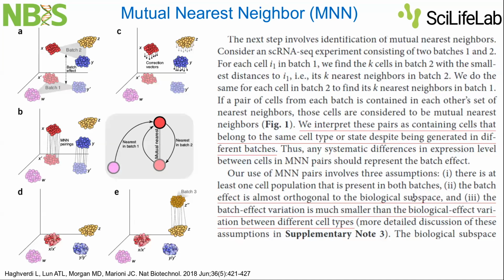And here they're listing very important assumptions of this method. As I said previously, one of the biggest assumptions is that the batch effect is almost orthogonal to the biological subspace. And the batch effect variation is much smaller than the biological effect variation between different cell types. Because, as you can imagine, these two nearest neighbors across batches can be nearest neighbors as a consequence of strong batch.